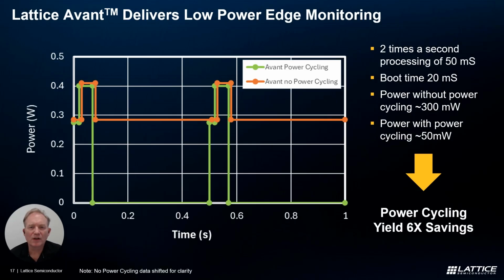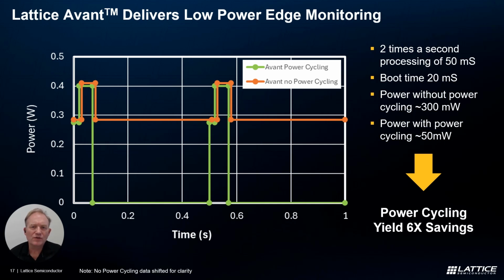So let's take a look at this concept of combining a low power FPGA and fast boot to achieve even lower power in a little bit more detail. Let's start out by looking at the orange line on the chart. What you'll notice is, for most of the time period, the power consumption is 300 milliwatts. This represents the static or background power of the FPGA that we chose for this application.